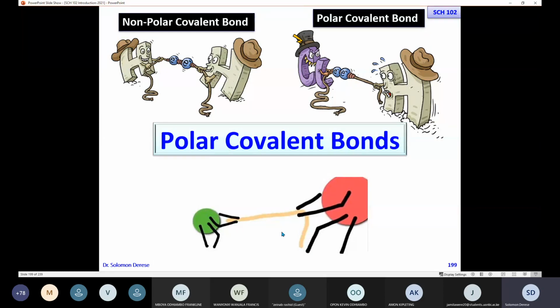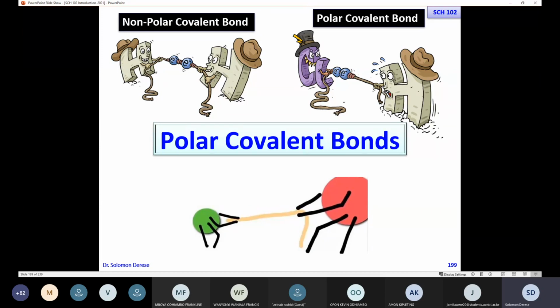You can represent a polar covalent bond by a tug of war, as you can see here, between two different people. One is very big and strong, and another one very small and weak. If there is a tug of war between the two, obviously most of the rope will be towards the bigger and stronger person. The bigger and stronger person will have a larger share of the rope, while the weaker person will have a smaller share of the rope. Polarized.